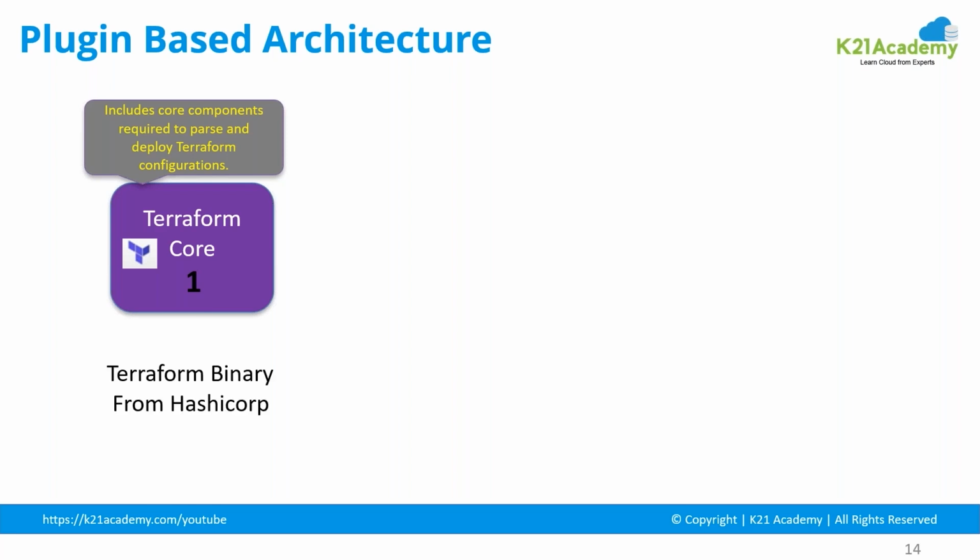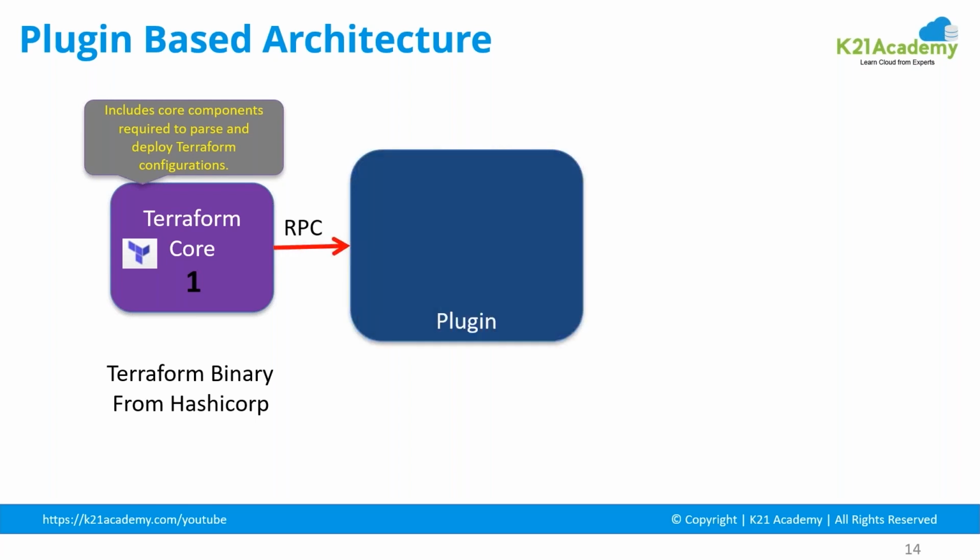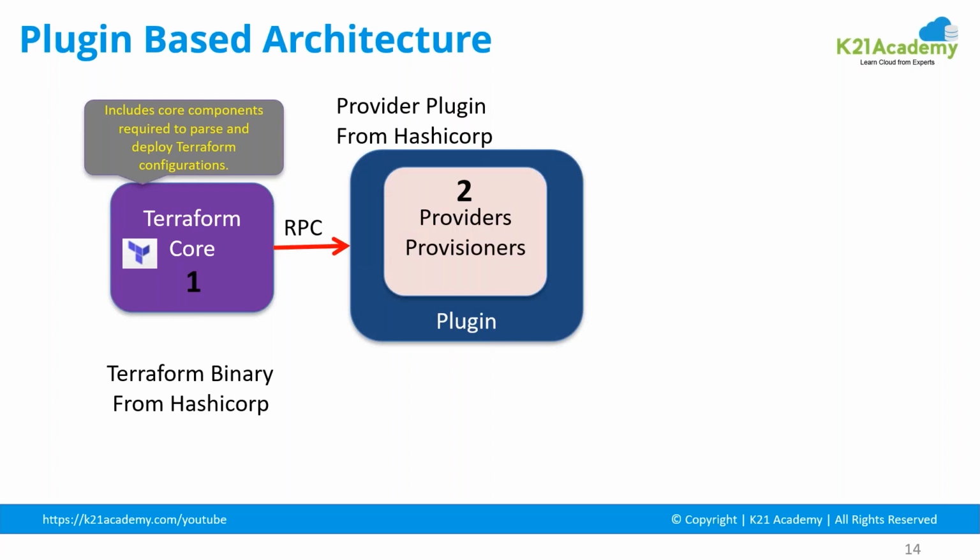This is basically the Terraform binary which you got from HashiCorp. Then, even if you haven't given the credentials, you have just put that this is the provider you are going to use, and it is going to connect via remote procedure call with the provider.